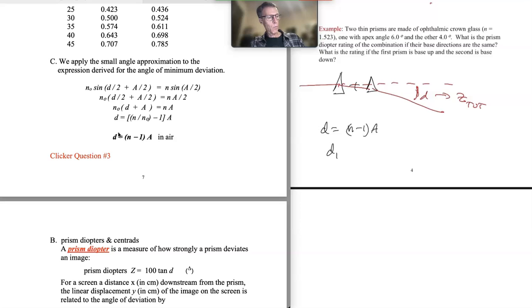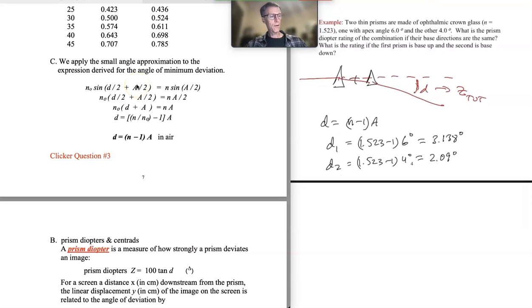I'm going to use that to calculate the individual deviation angles of each of these prisms. So call it d1, and it's 1.523 minus 1 times an apex angle of 6 degrees. And d2 is going to be 1.523 minus 1 times 4 degrees. Okay, so that gives us these results for the deviation angles in degrees, but I would like to have them in centirads so that I can relate them directly to the prism power.